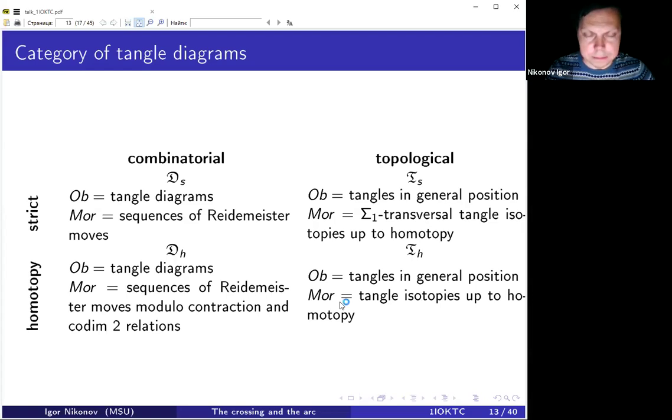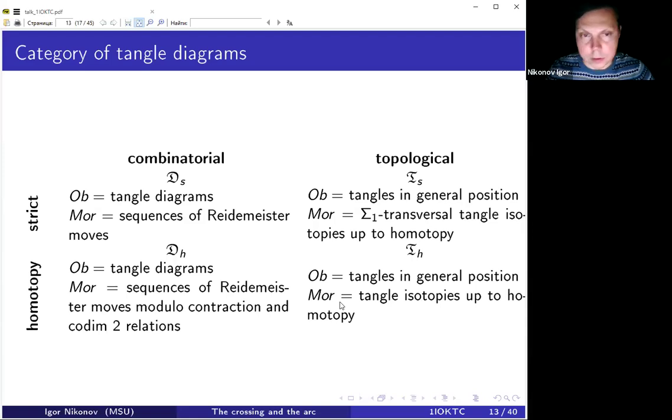This category is equivalent to a topological category whose objects are tangles and whose morphisms are sigma 1 transversal isotopies, considered up to homotopy in these isotopies. Sigma 1 transversal means we encounter only usual Reidemeister moves when we pass from one embedding to another.